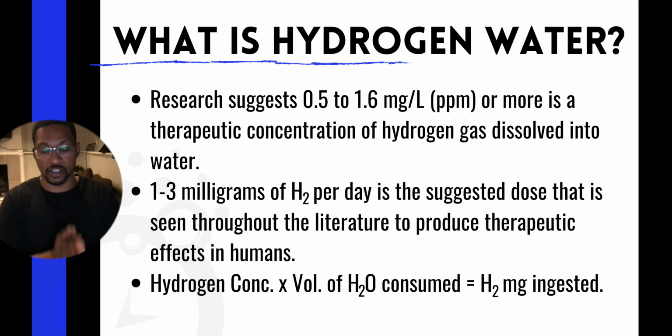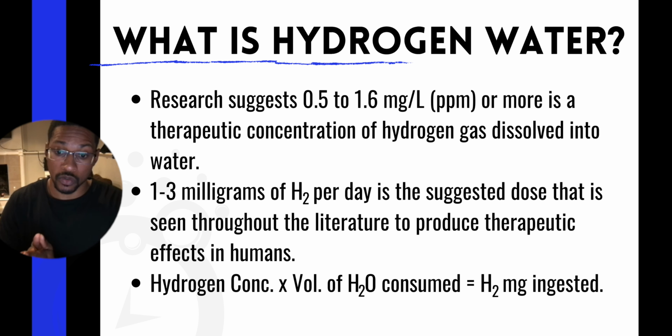So if I had a hydrogen concentration of 1.6 milligrams per liter in my water, and I consumed 1 liter, 33.8 ounces, of that water, I would have consumed 1.6 milligrams of hydrogen gas. Another way to say it: if I were to consume 1 liter, 33.8 ounces, of water containing 1.6 milligrams per liter of H2, I would have consumed 1.6 milligrams of H2.